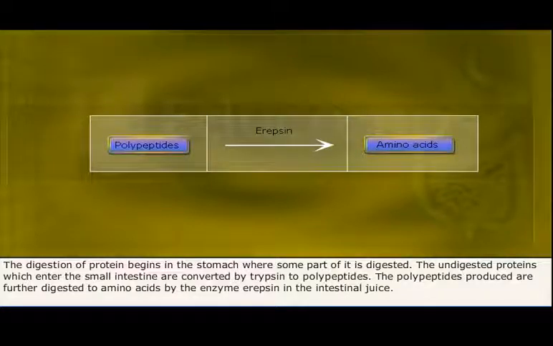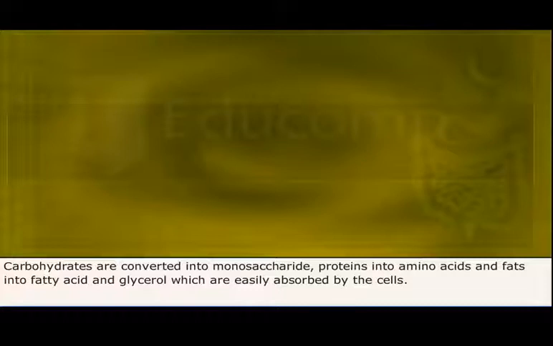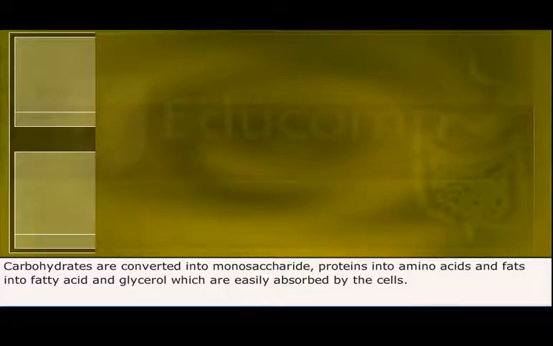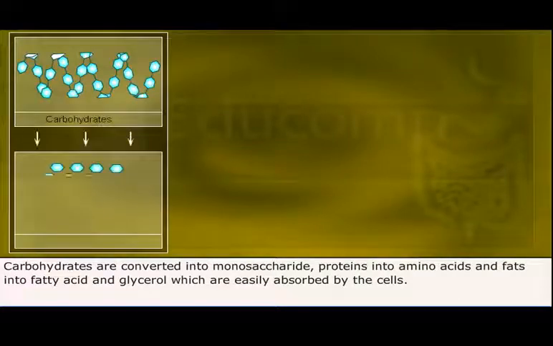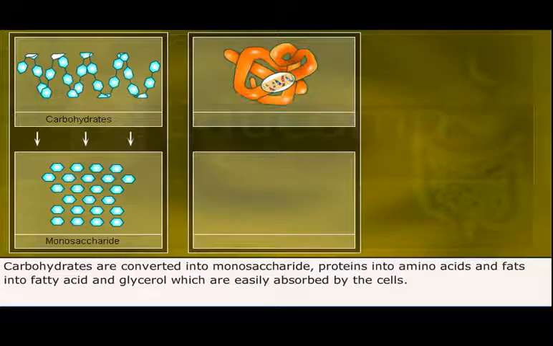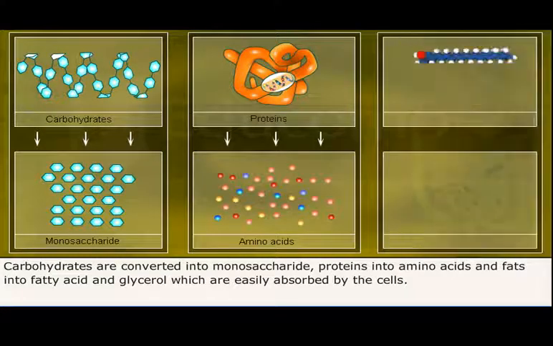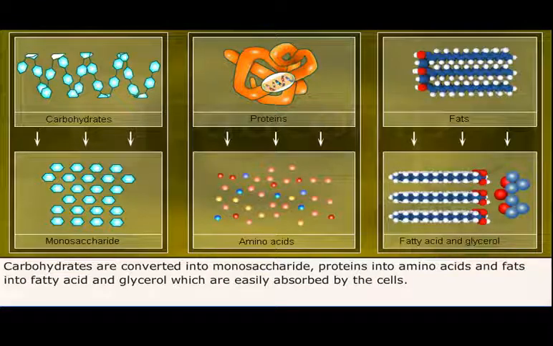The end products of protein digestion are thus amino acids. Thus, you have studied that complex carbohydrates are converted into monosaccharides, proteins into amino acids, and fats into fatty acids and glycerol, which are easily absorbed by the cells.